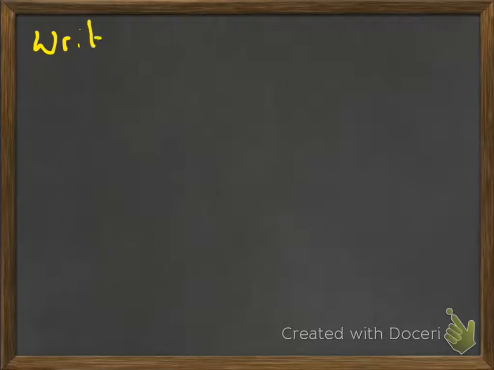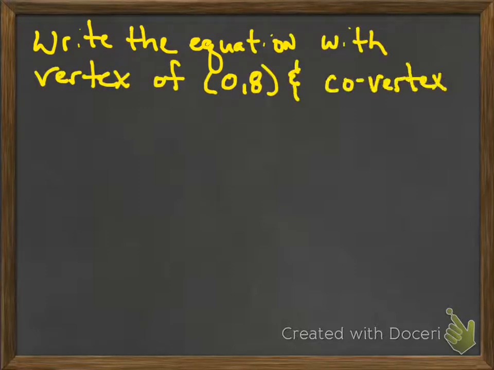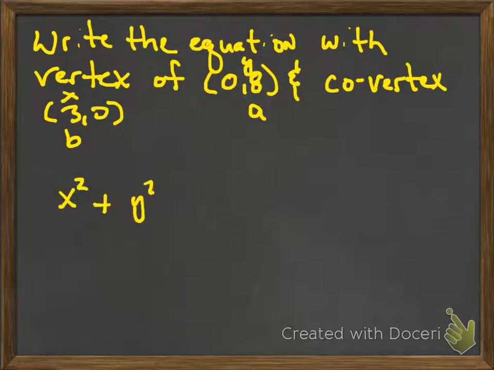Okay, let's do another one. Let's write the equation of this one given two points, (0, 8) and (3, 0). I'm differentiating that the vertex is at 8, which is on the y, and the co-vertex is 3. All I need to do to write the equation is start off with x squared plus y squared equals 1 and put the numbers over.